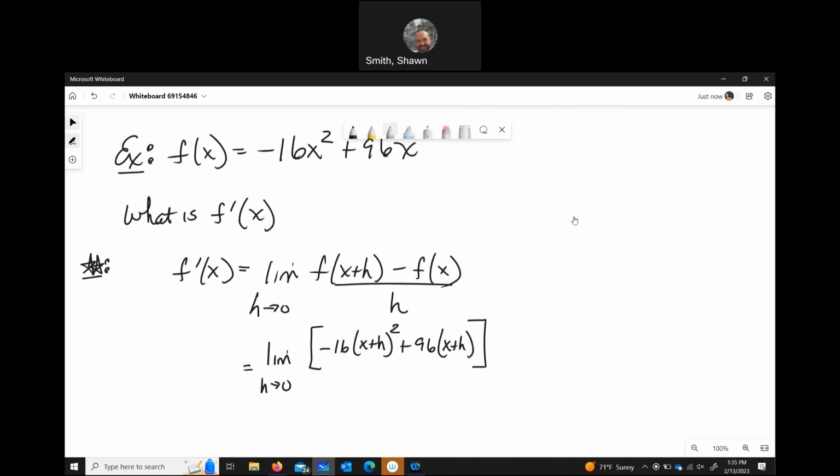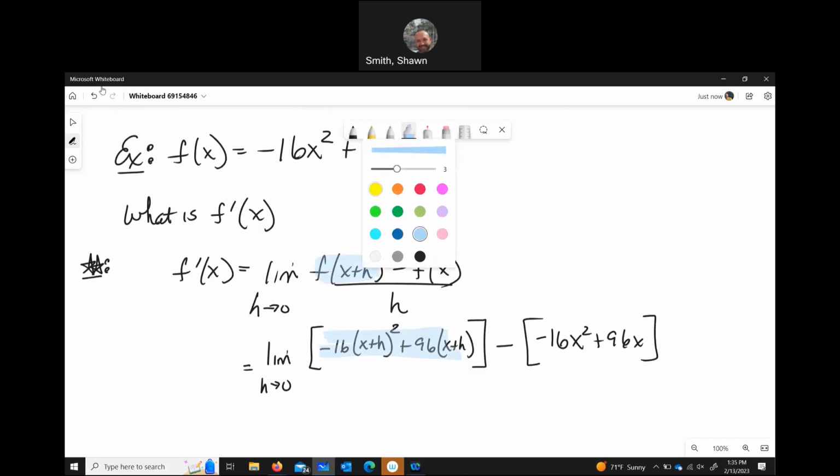And that's that first part right here. And then minus the f of x, that's always just given to you. So just rewrite it: negative 16x squared plus 96x. It's this part, and now that's over h.